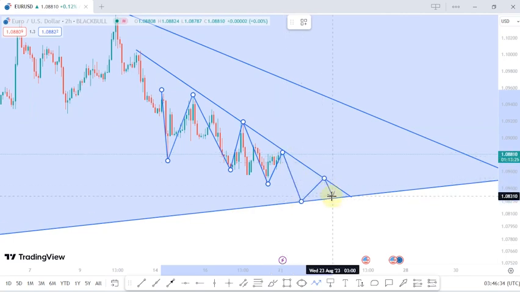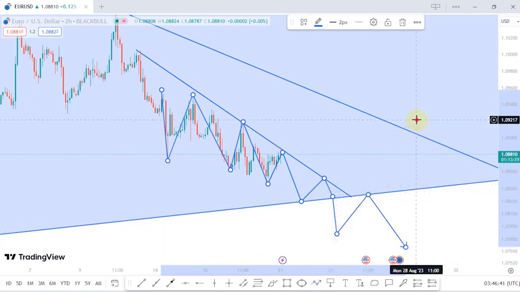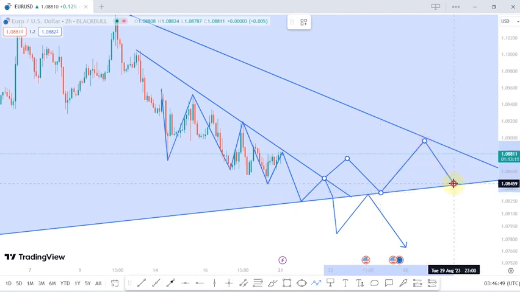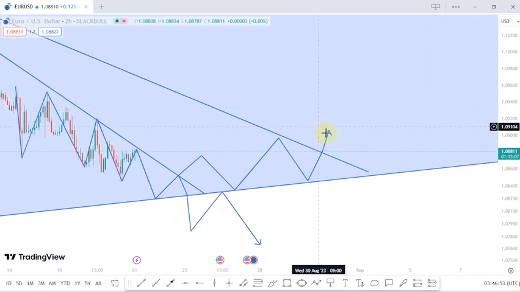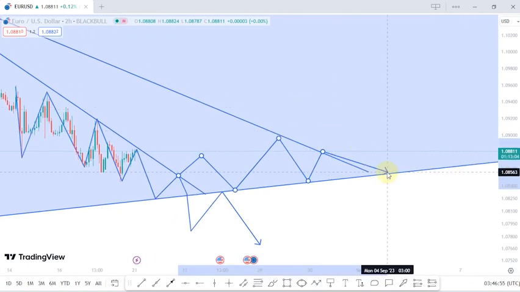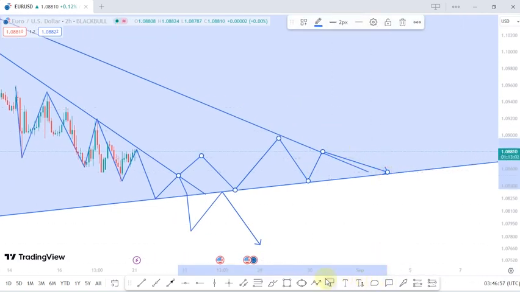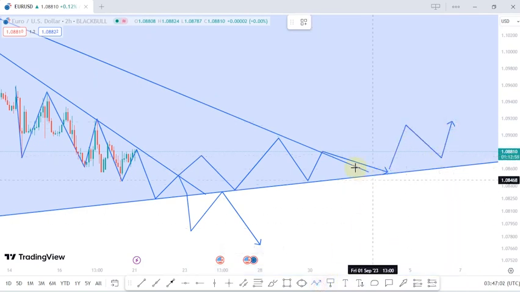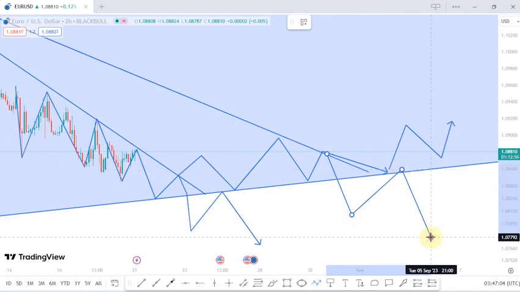So what's going to happen is that price is going to do one of two things here: continue to go down, or price is going to break here, deal with this area, then decide on what to do, whether to retest and begin to go up, or price is going to come down here and begin to go down.